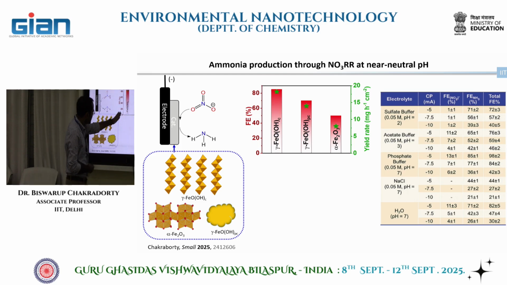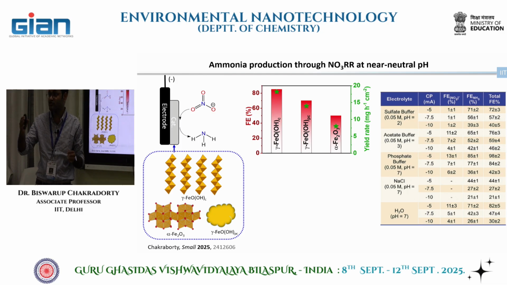So maximum Faradaic yield means maximum efficiency of the catalyst. From this bar diagram, this red y-axis is the Faradaic efficiency, and you can see here that gamma FUHC, that is the crystalline form of this gamma FUH with this layered structure, is giving the best yield. On the other hand, this other y-axis is the yield rate, that means how much ammonia is being produced per hour.